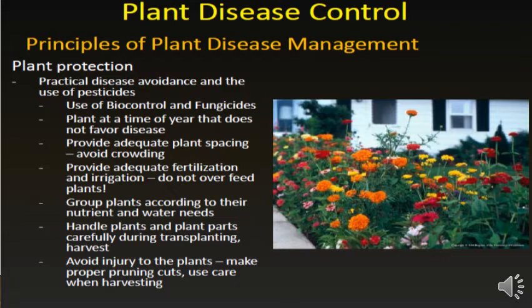Protection often involves some culture practices that modify the environment, such as tillage, irrigation, or altering soil pH. It may also involve changing date or depth of seeding, plant spacing, pruning, and thinning, or other practices that allow plants to escape infection or reduce severity of disease.